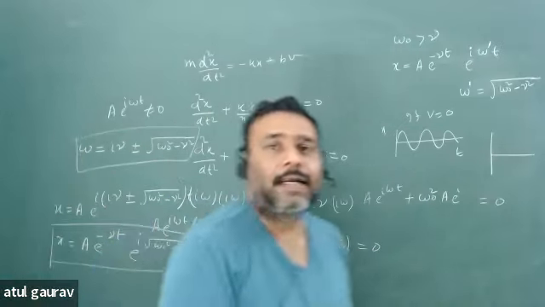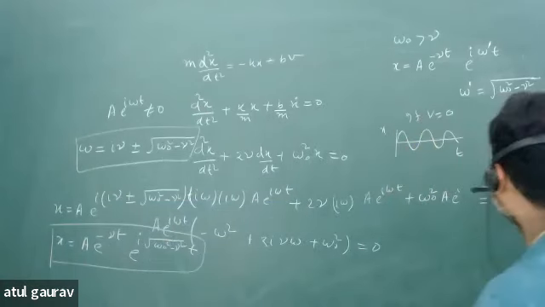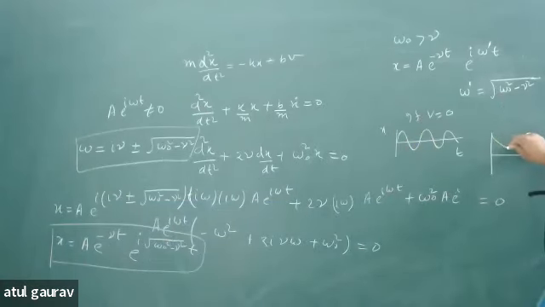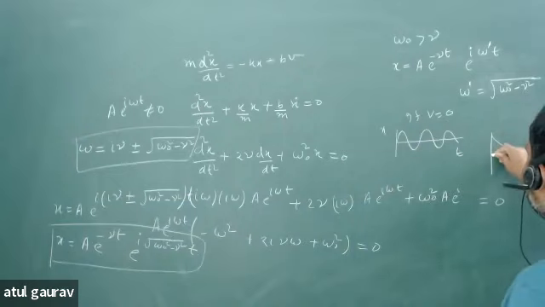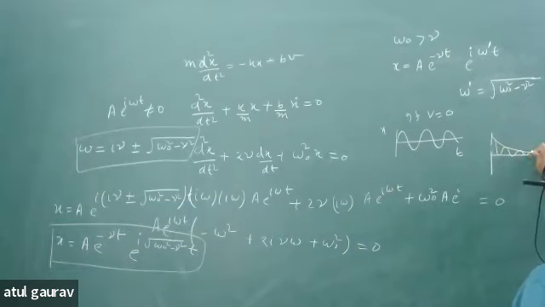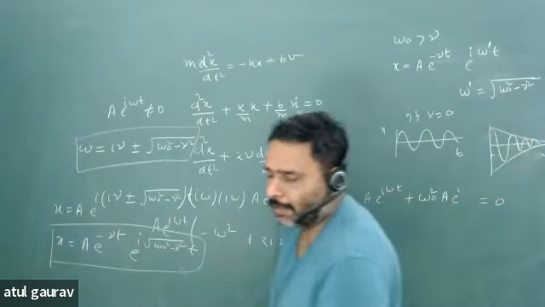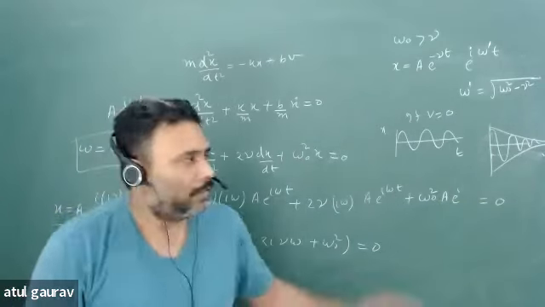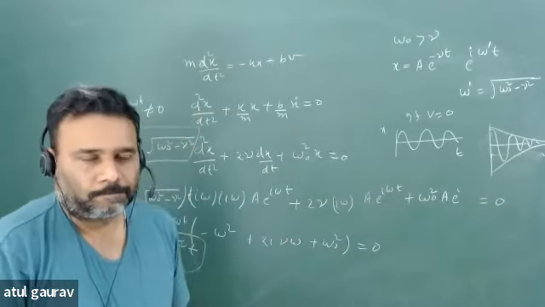Amplitude is decreasing, isn't it? Amplitude is just going to decrease, something like this, and yes, you can have oscillation, something like this. It is going to decrease from both sides. So this is your damping motion. Things are getting damped.